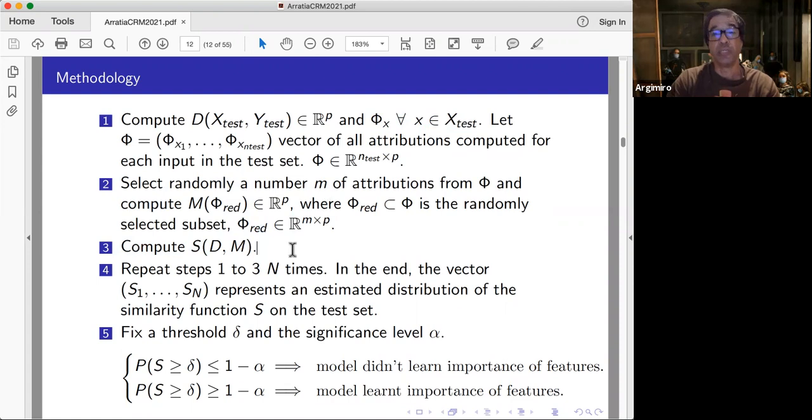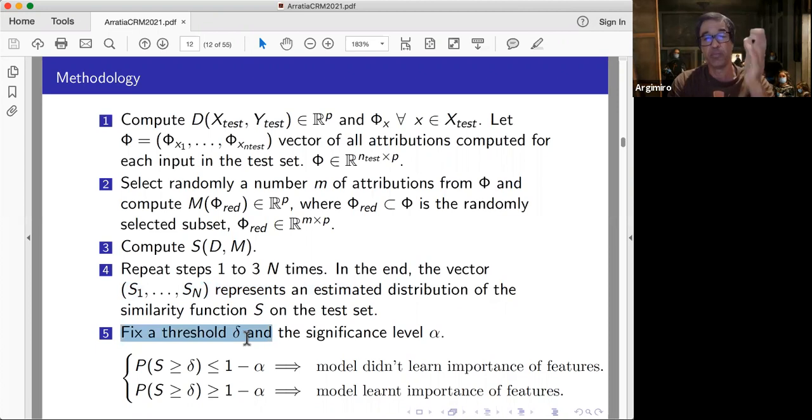In the end, I get a vector of similarity values that represents the estimated distribution of the similarity function. I'm doing a bootstrap method here. And then I fix a threshold delta. I will say something about this in a moment.